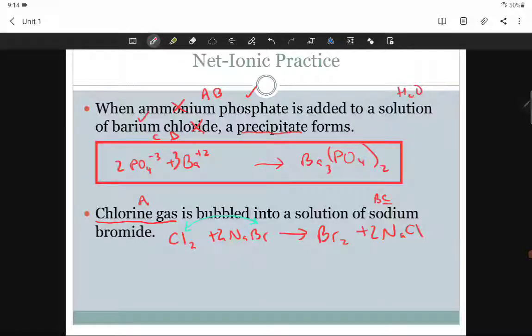So net ionics, we have to be able to break everything up into ions if it's able to be broken up into ions. That's not ionic, that's covalent. So we're going to leave that as is. This is an ionic compound that's soluble in water. So that gets broken up. And remember, we had water available because it said solution.